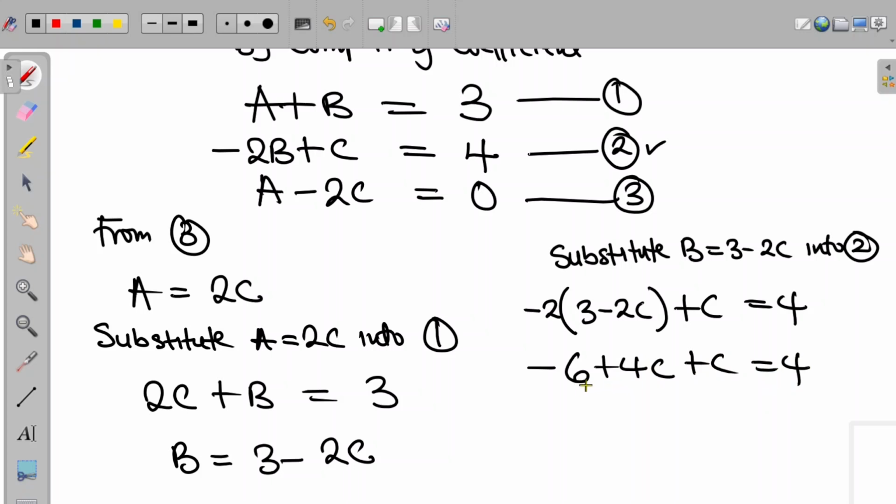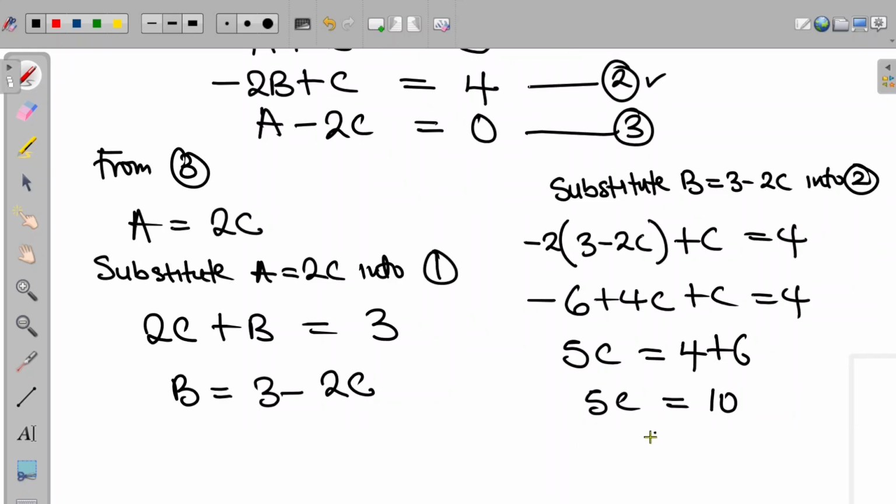At this point, we move negative 6 to the right-hand side. 4c plus c is 5c, equal to 4. When negative 6 moves to the right-hand side, it becomes plus 6, and 5c is equal to 10. Therefore, c is equal to 10 divided by 5, which is equal to 2. So c is equal to 2.